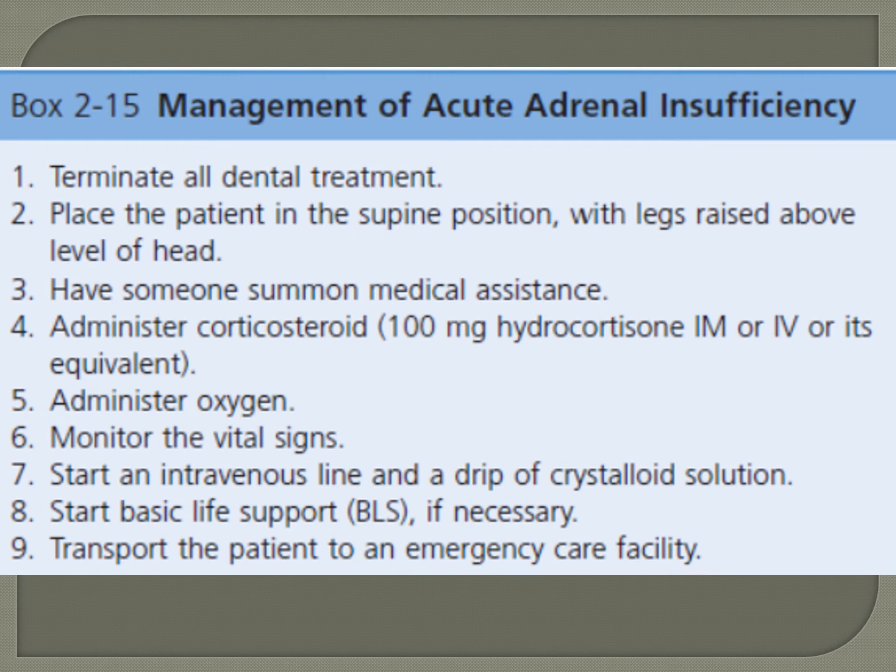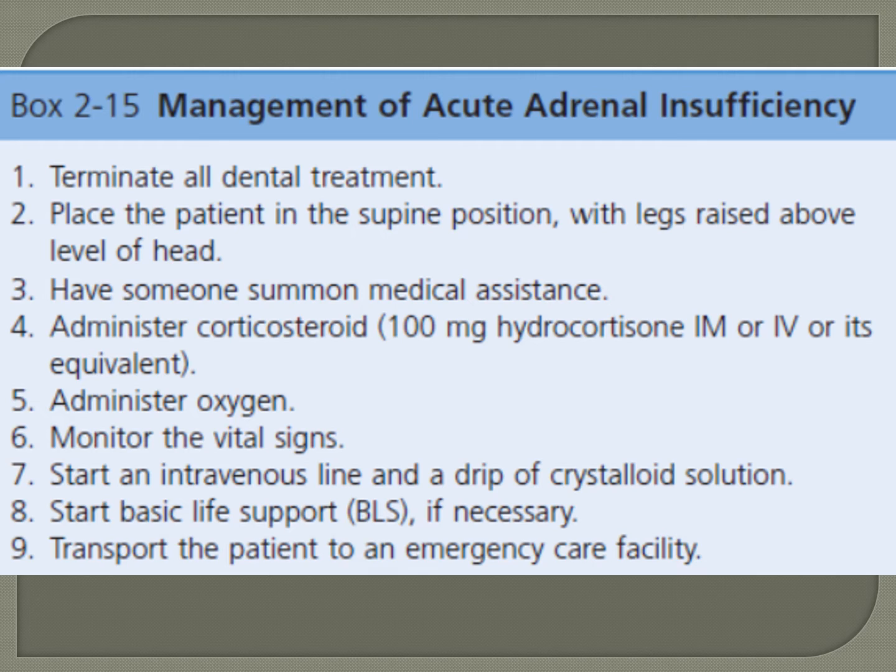So, how will you manage this type of situation in a dental office? First, you terminate all the dental treatment. If you are doing a crown preparation or root canal, anything, you terminate it and remove the instruments from the oral cavity. Then place the patient in a supine position with the legs raised above the level of the head, and call for medical assistance.